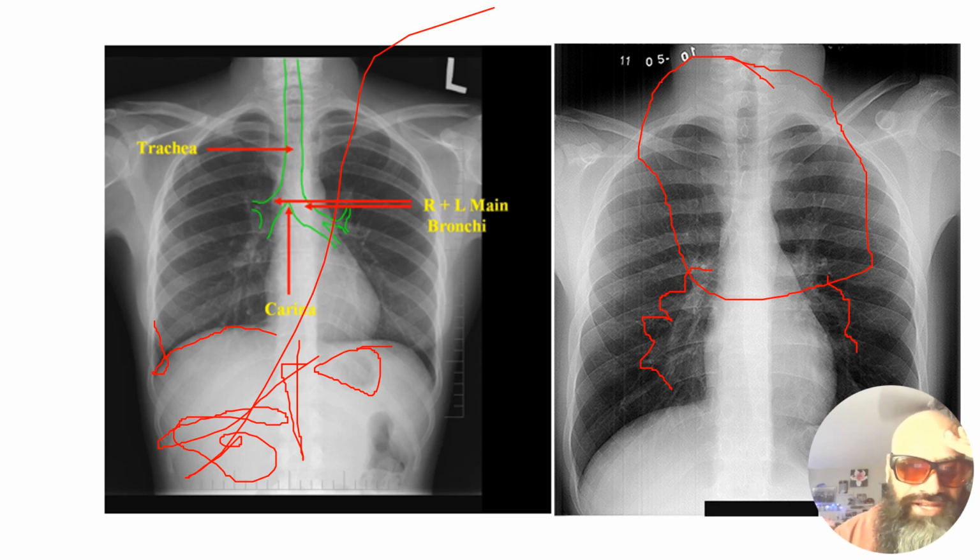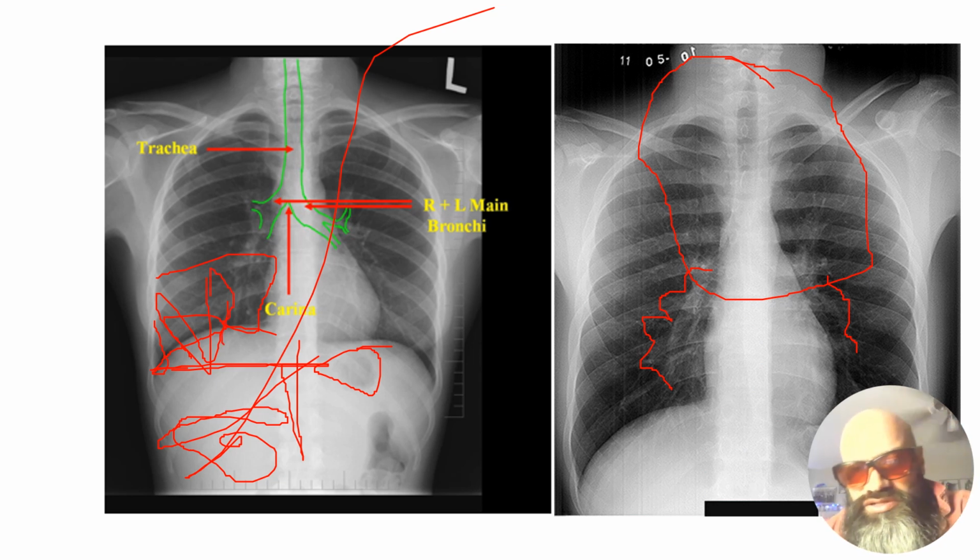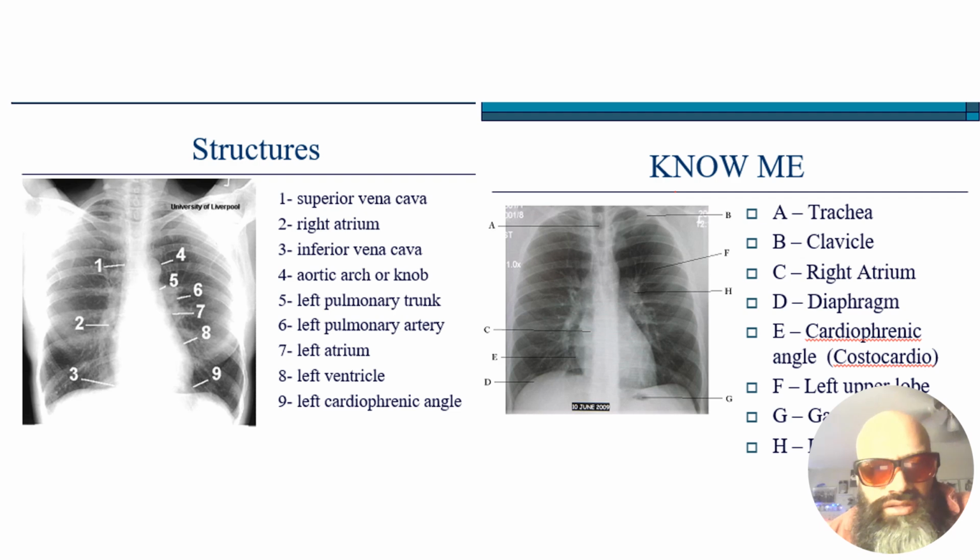This is a normal finding, so if you start seeing any type of flattening here, or loss of costophrenic angle, or any increased fluid densities here that are pressing down in this direction, you're going to be suspicious for potential lung pathology, because it is a far cry from normal.